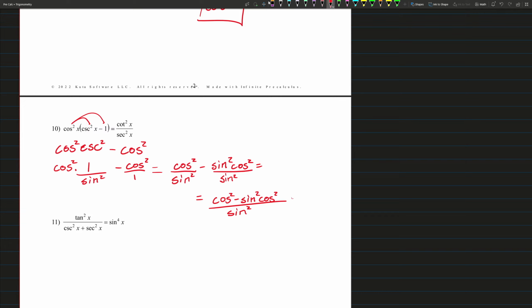If we factor a cosine squared out of both, we get 1 minus sine squared over sine squared. If we think about sine squared plus cosine squared being equal to 1, then 1 minus sine squared is equal to cosine squared.